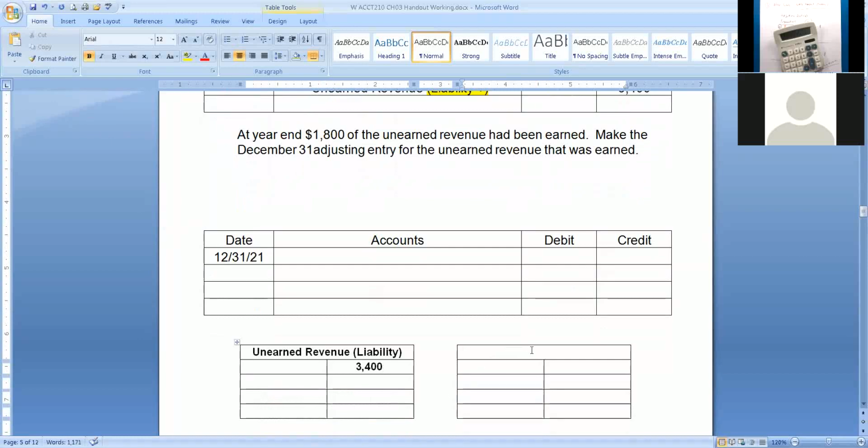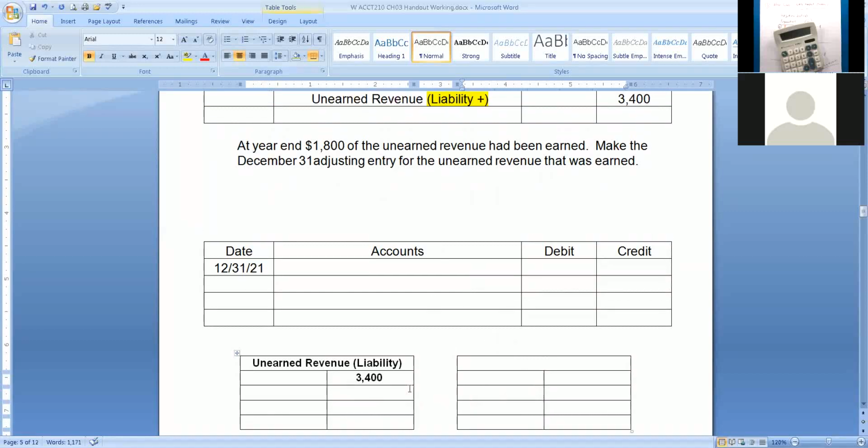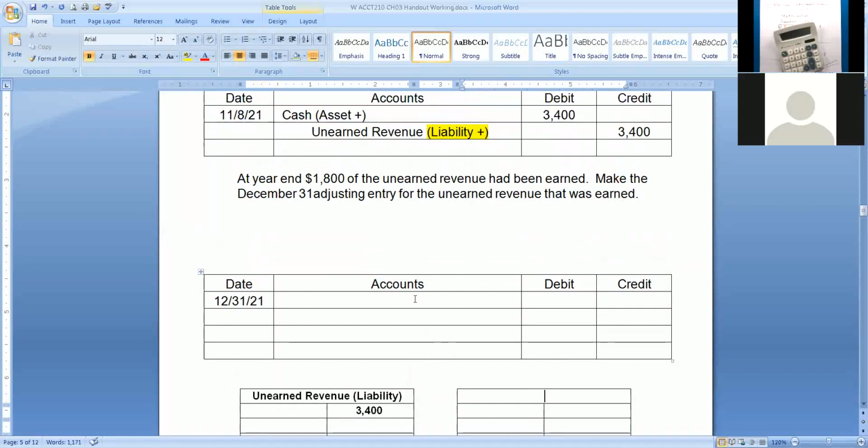Now we want to know, let's stop for a second. So this is unearned revenue. On the adjusting entry, are we most likely going to have a revenue or expense? Revenue.